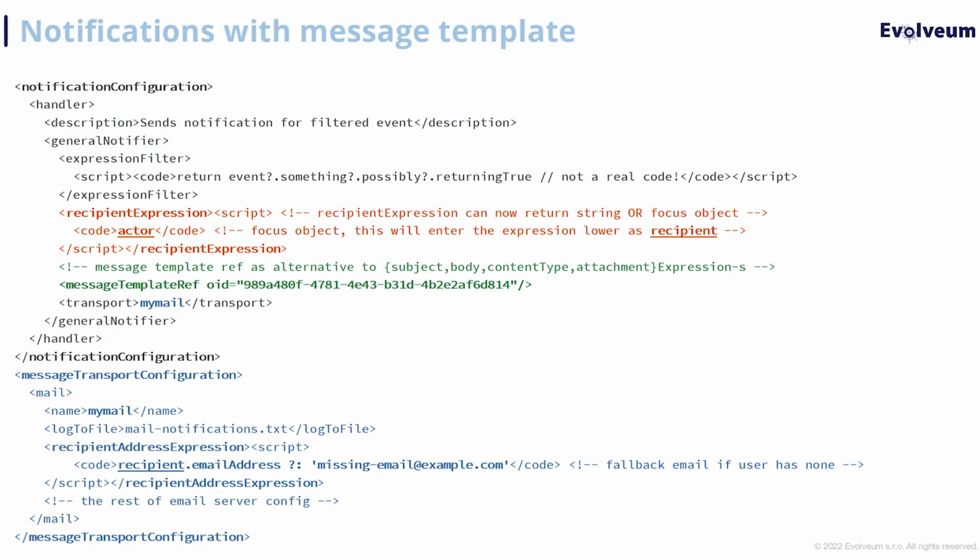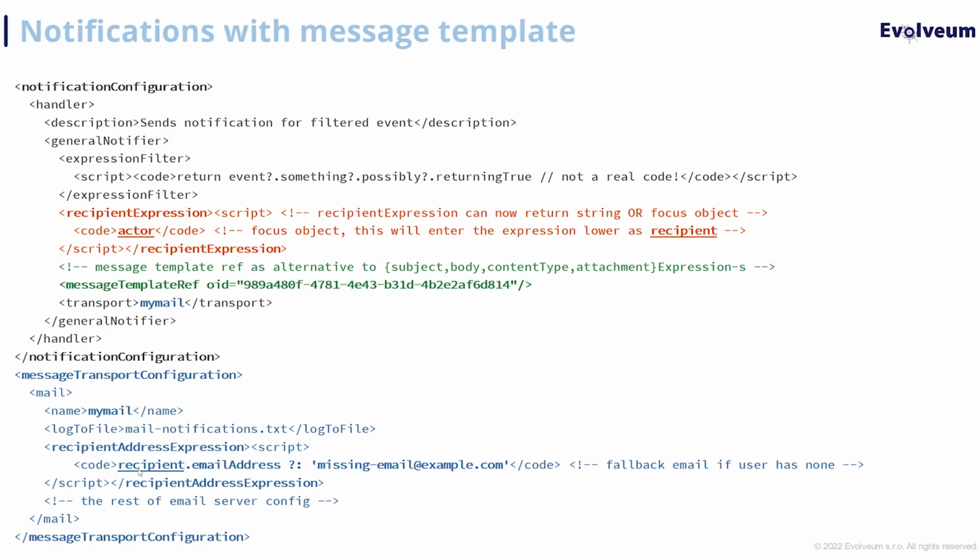For instance, instead of defining all these subject, body, content type, and attachment expressions directly in the notifier, you can just reference the message template, which is prepared in the GUI. And then, based on the actor's preferred language, or the recipient's preferred language, so to say, we can choose the proper message template localized version. And with that, we go to the transport.